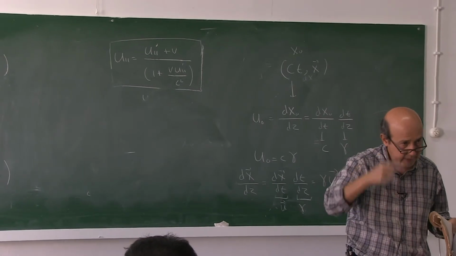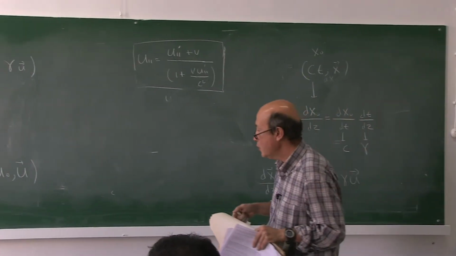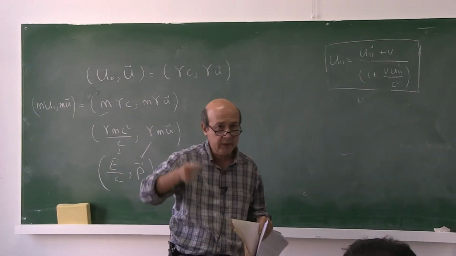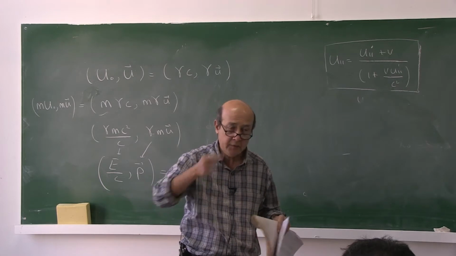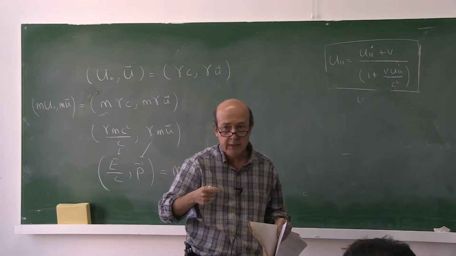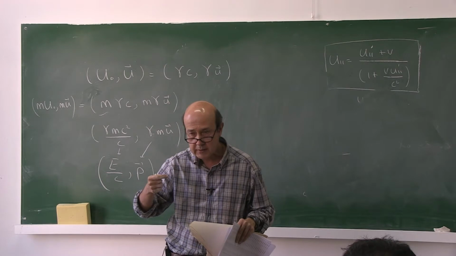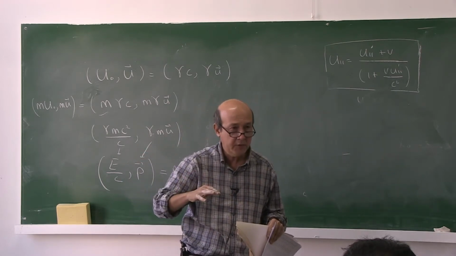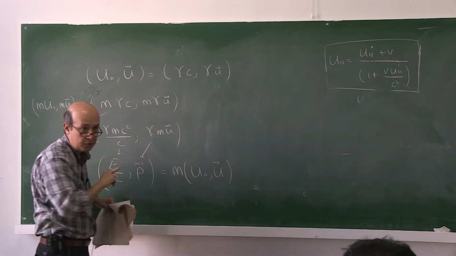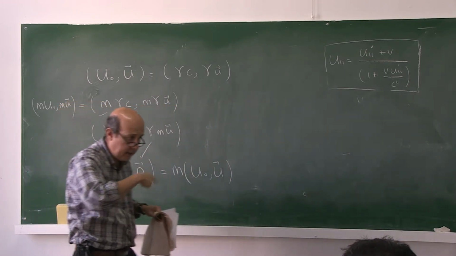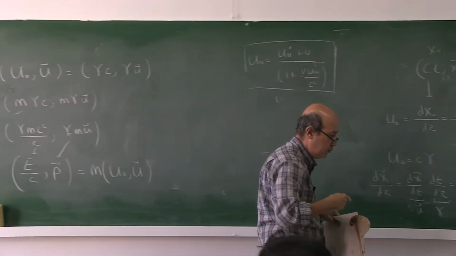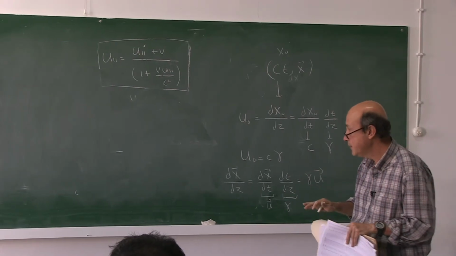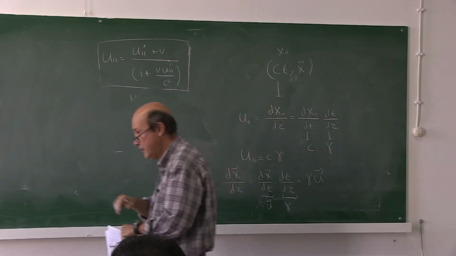We will discuss this next week. Once you set up the correct Lagrangian, you can calculate the canonical momentum, gamma m v, and then you can calculate the Hamiltonian, which will be gamma m c square, or energy. That is the other way of doing that. That is the way of Landau Lifshitz, and I'll discuss this next week.